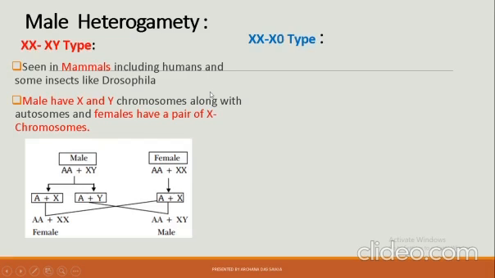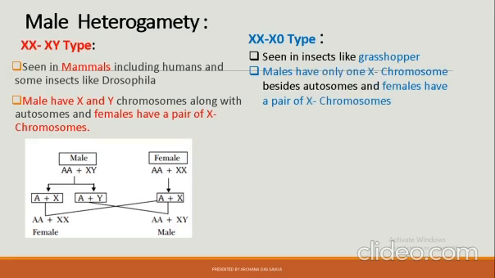Now coming to the other type of male heterogamety, the XX-XO type. This is seen in insects like grasshopper. Here the males have only one X chromosome. Unlike mammals, where we see two types of sex chromosomes, here the males carry only one sex chromosome.